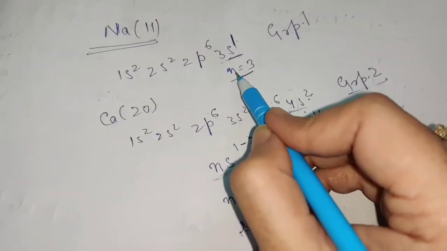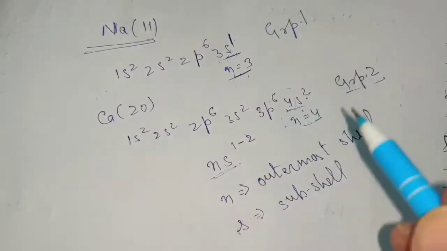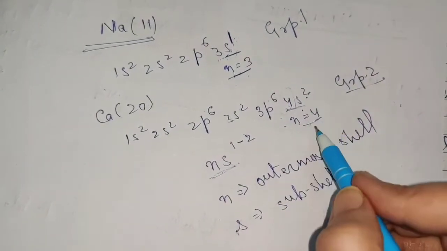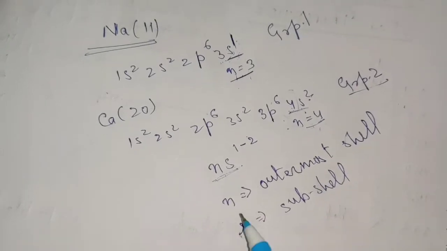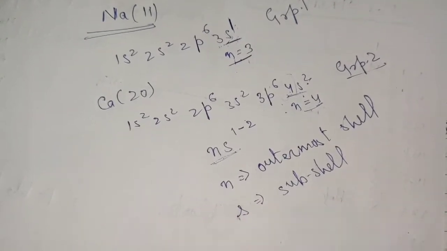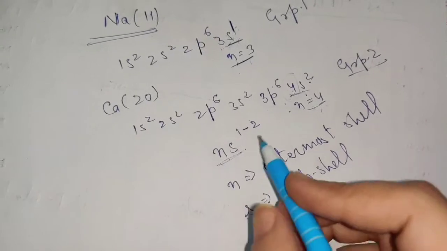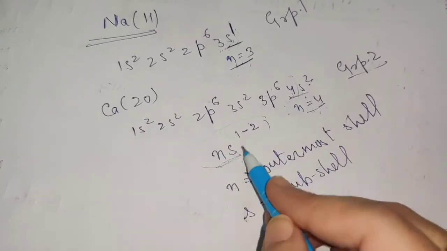So here it is ns1, that is 3s1, and here again it is ns2, that is 4s2. So in general you can write the electronic configuration as ns1-2.